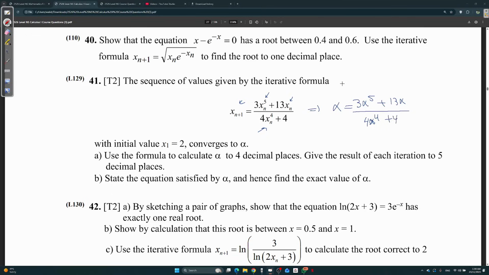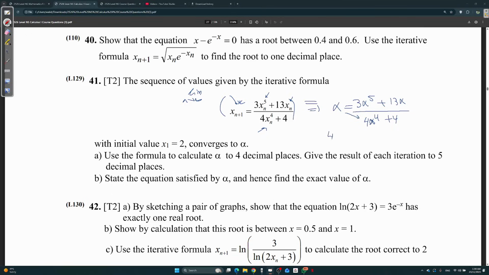Why do we do this? Because we say that the limit as n approaches infinity of this equals this. That's how you write it in the exam: limit as n approaches infinity of whatever you have here equals the same thing, but instead of x's you have alphas.